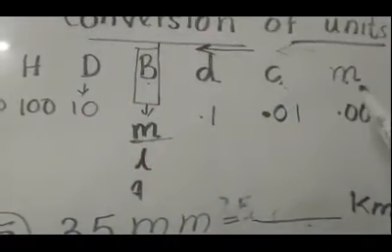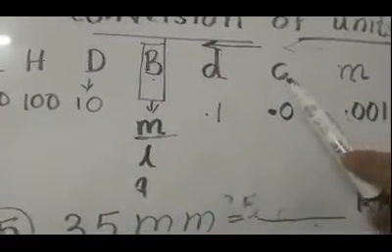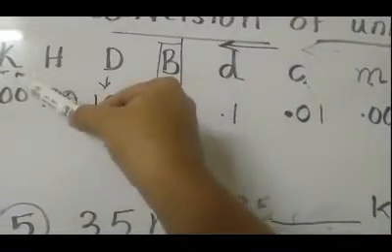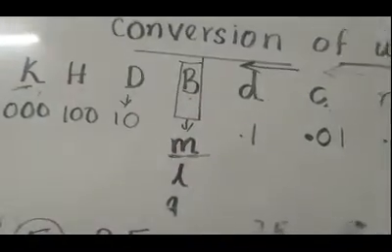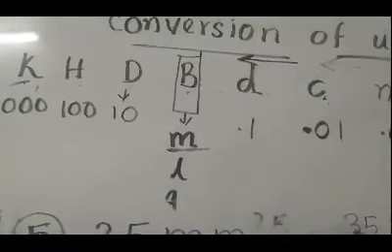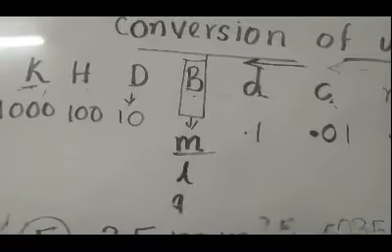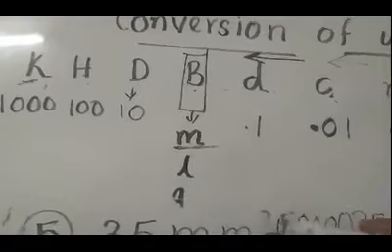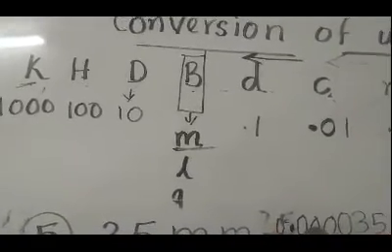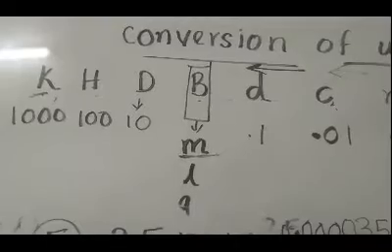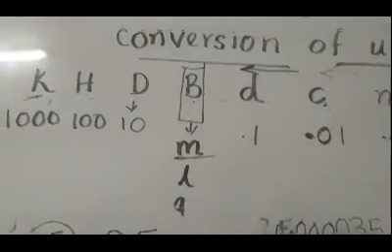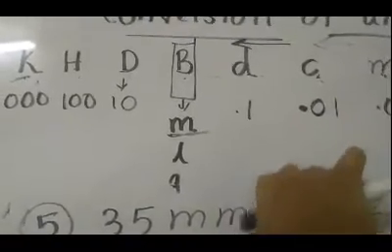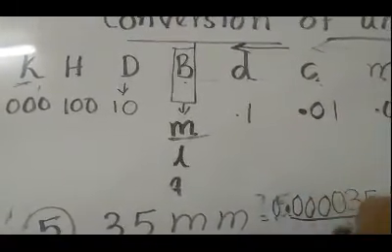So how many steps do I move backward? This is 1, 2, 3, 4, 5, 6. 6 steps. So I write 35. Then 1, 2, 3, 4, 5, 6. After that, put a decimal. This is our answer: 0.000035 kilometer. I hope everybody has a clear idea of conversion of units.